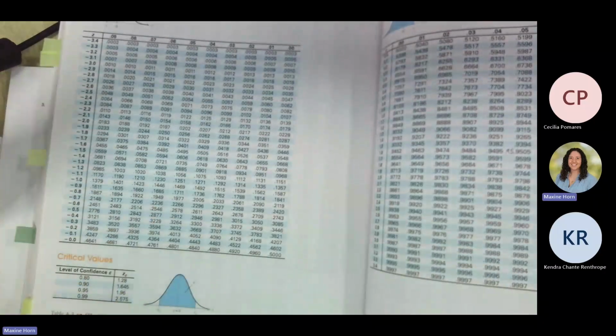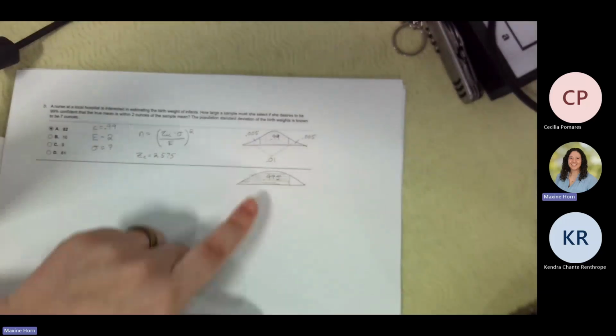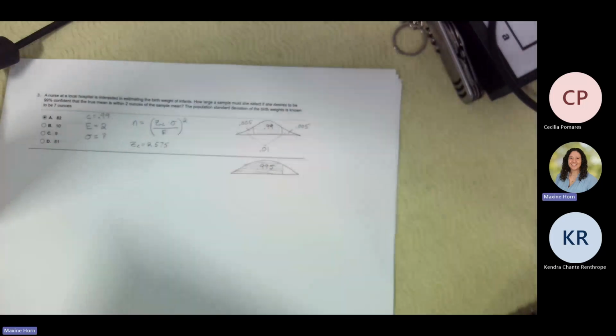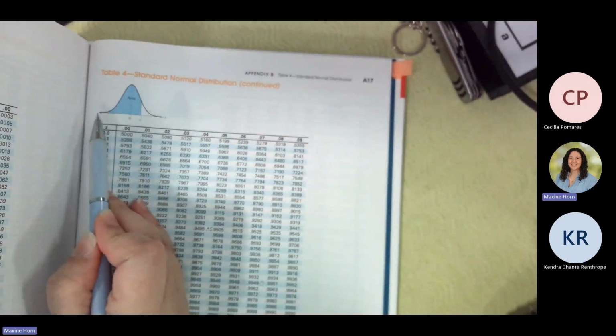Now we're going to look up, what if I completely forgot that I can use this and I was just trying to look it up here? I would have to remember that I'm looking for an area under the curve of 0.995, because remember, that's what these tables give, the full area to the left.